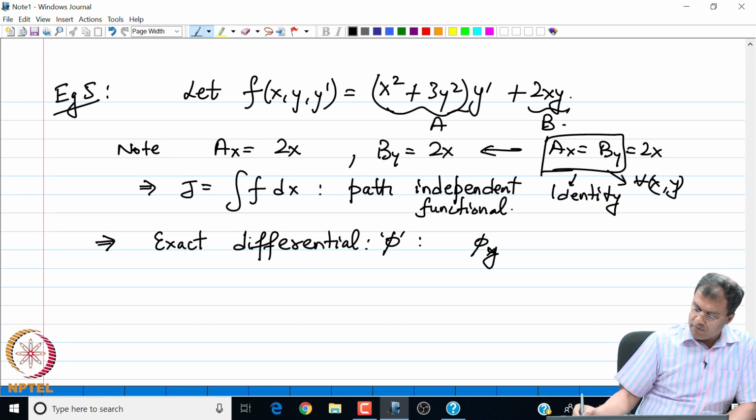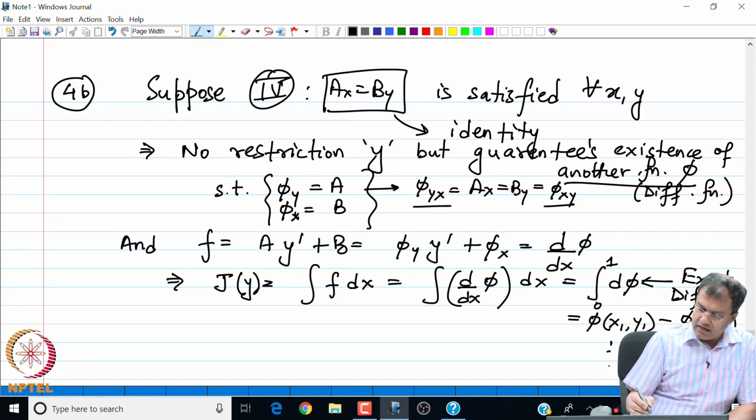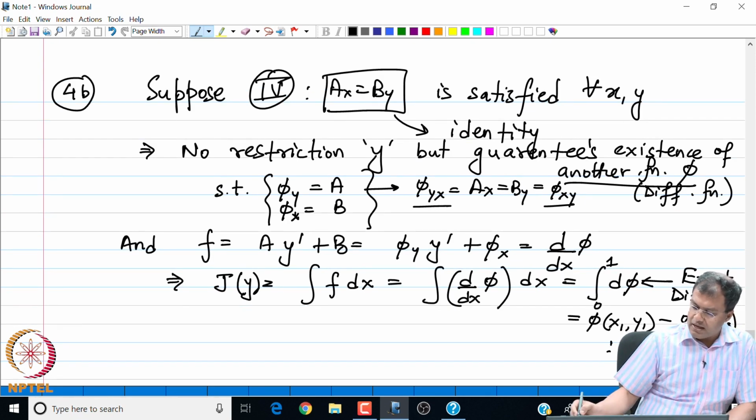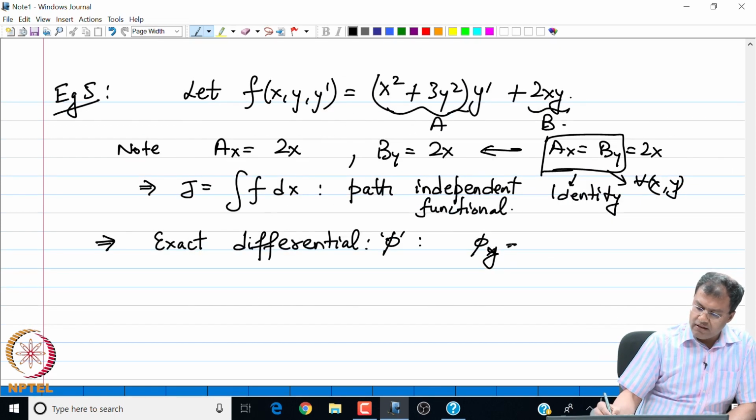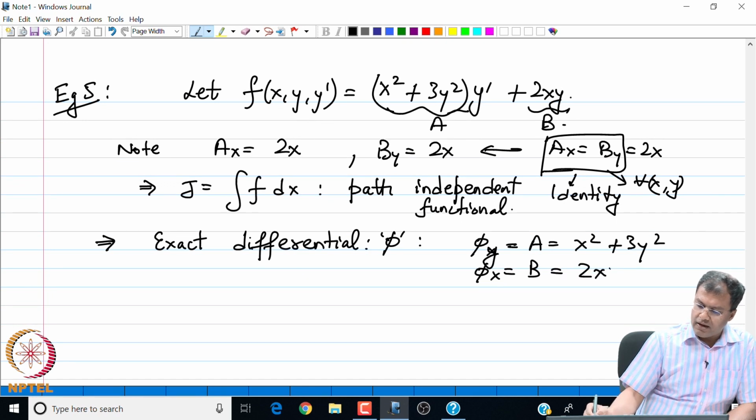Let us go back one slide. The exact differential is phi of y is a and phi of x is b. So, a is given by x square plus 3 y square and b is given by 2 x y.